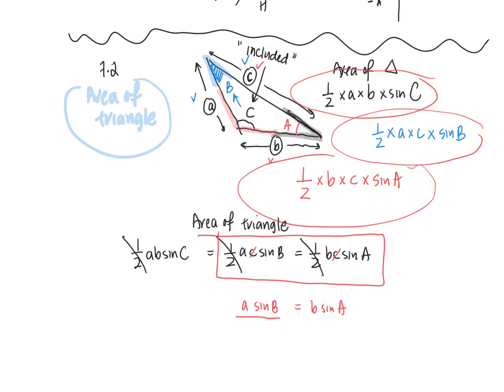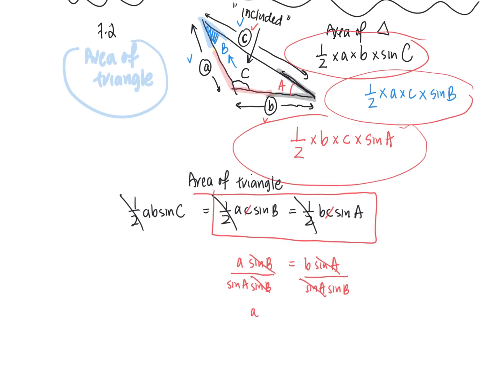If I divide both sides by sine A and sine B, can you see that you end up with a very neat ratio? A over sine of the angle A, B over sine of the angle B.